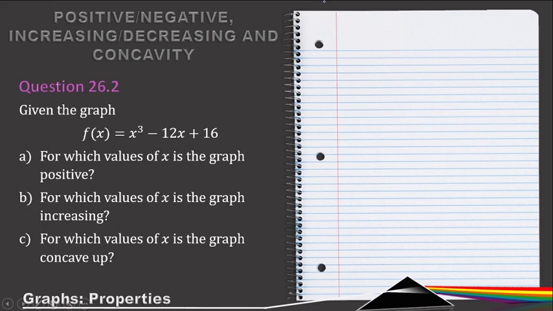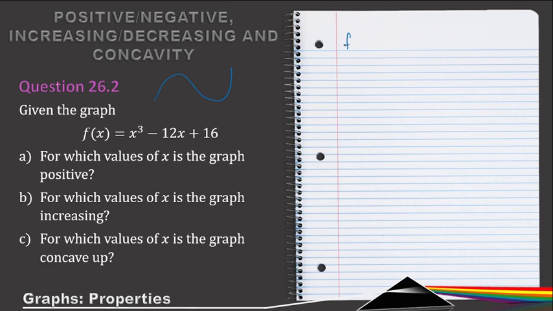Right, so for question 26.2, given this graph, for which values of x is the graph positive? Now, let's first establish that our graph, this a is positive, meaning our graph lies like this, ending positive. And we need to first of all find the intercepts to show us where it is going above the x-axis and where it is going below the x-axis.